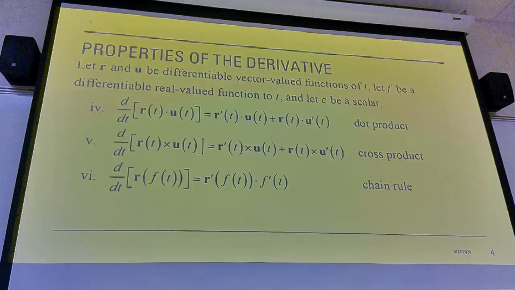Right, because R of F is going to give you 3 new component functions. So why not just do that? Same thing in practice, I'm not going to be using the dot product and cross product rules, because it's generally easier just to take the dot product or the cross product first and then find the derivative.